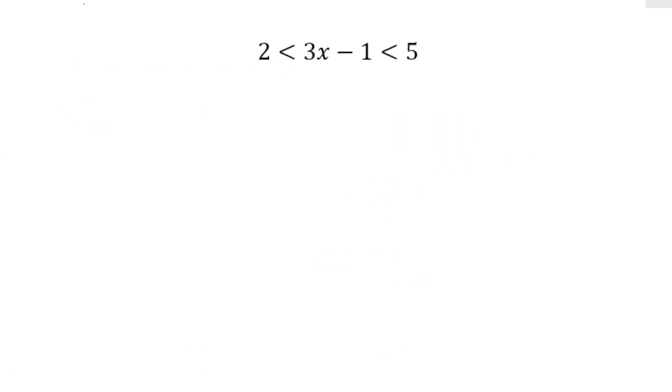You can also treat this inequality as one entity. So you can try to isolate x on its own by doing the same thing to all three parts of the inequality. In this case, we'd want to add 1 to all three parts first. That would leave us with 3x in the middle, and then 3, and then 6.